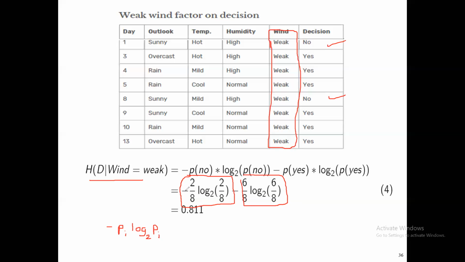So here 2 by 8 is Pi for the decision no, and 6 by 8 is the Pi for decision yes. We can see that we get an entropy value of 0.811 for wind equals weak.